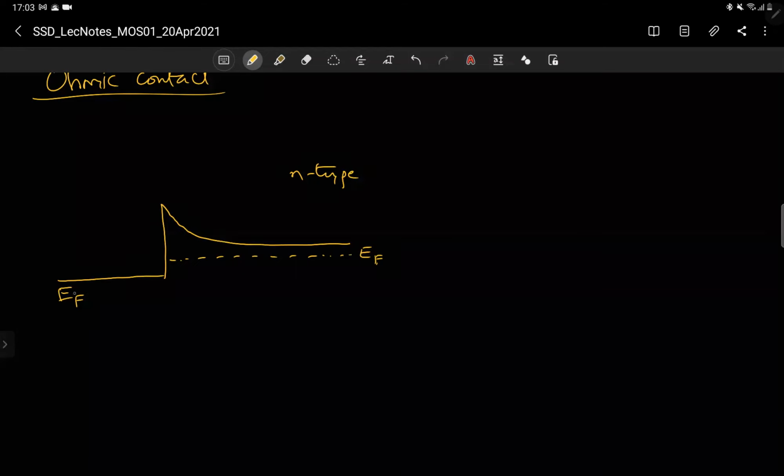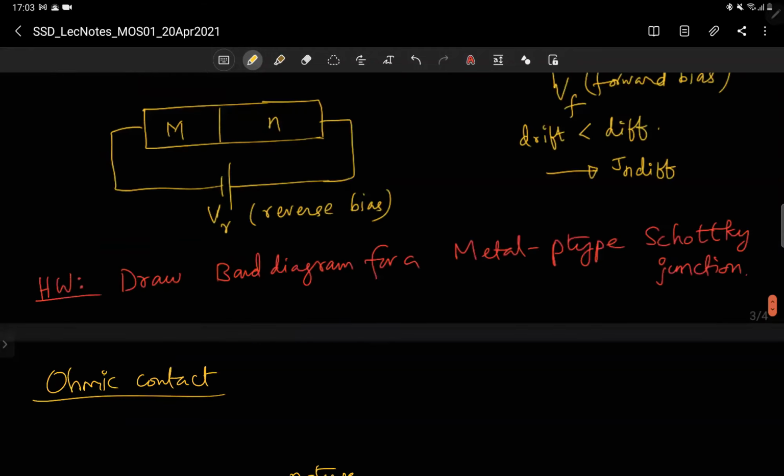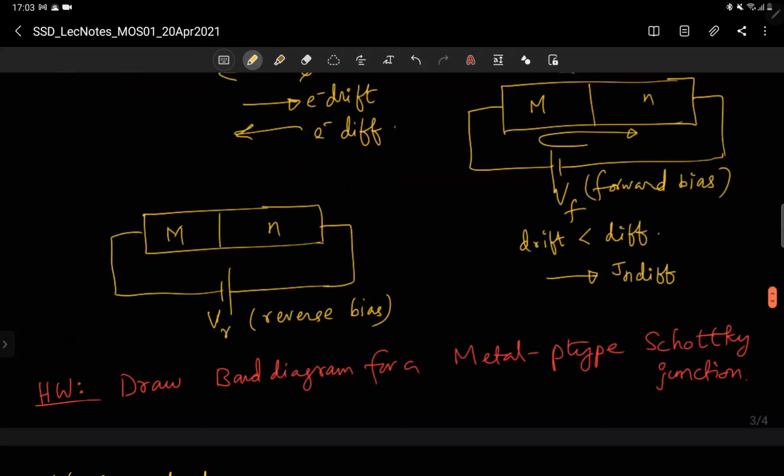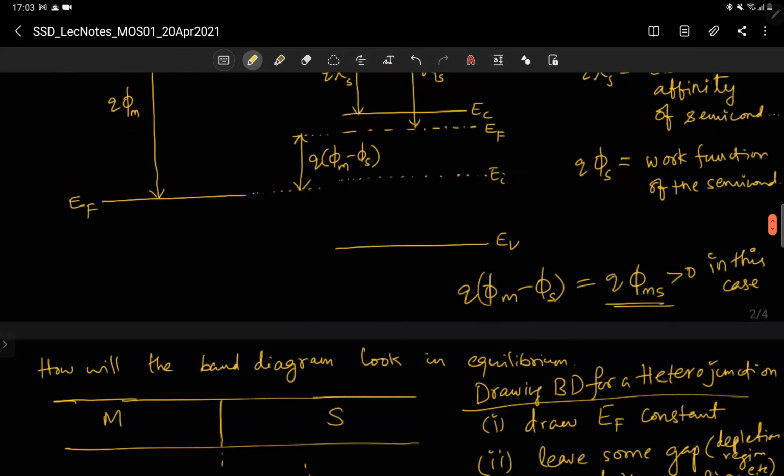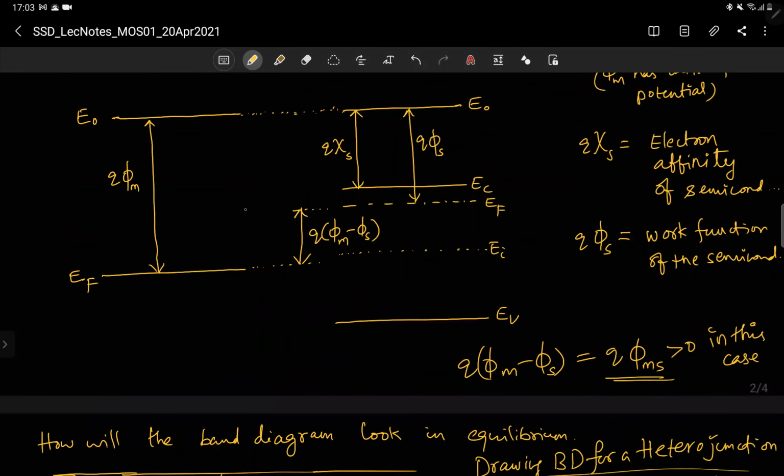So still, if I'm finding materials which have EF somewhere in the middle of the band gap. What I mean to say is, if you see here, EF is somewhat close to EI. Almost all metals have their Fermi level somewhere lying between the energy gap. Okay, some metals have Fermi level very close to EV, and some metals have their EF very close to EC.